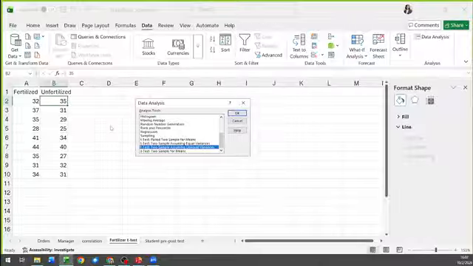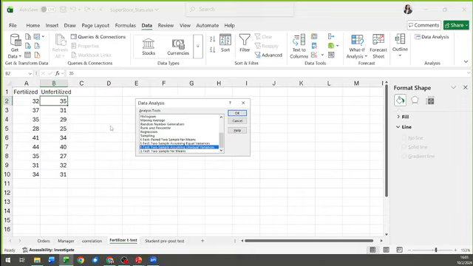Let's say if I talk about fertilized and non-fertilized, the variance should be different, right? Fertilized should be something that grows well. Unfertilized, sometimes it grows very well, but sometimes not. But if it's fertilized, it should be good, right? So let's say I assume unequal variance.